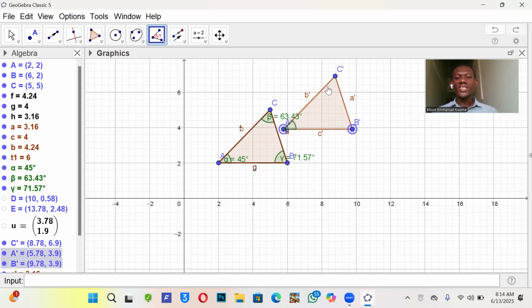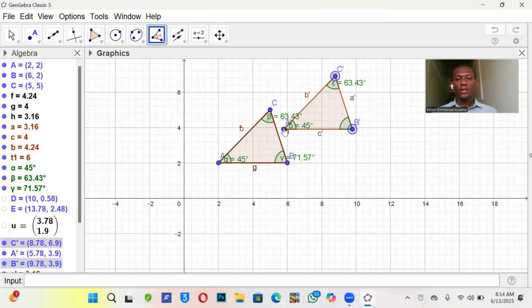So this is what we call similar triangles. When we say two triangles are similar, it means that they have the same lengths and also the same interior angles. Do you get it? You can see that the interior angles of the first triangle and the second triangle are both the same.